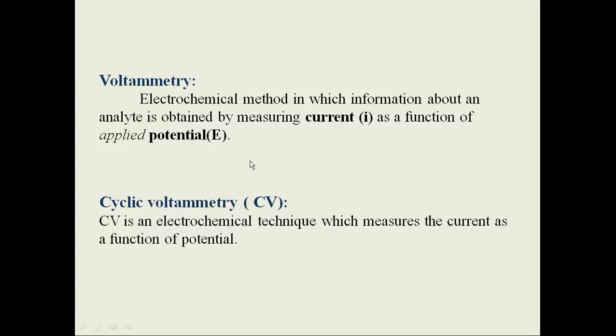If it comes back to that initial potential, then it's called cyclic voltammetry. The CV is also electrochemical, where we measure current as a function of potential.